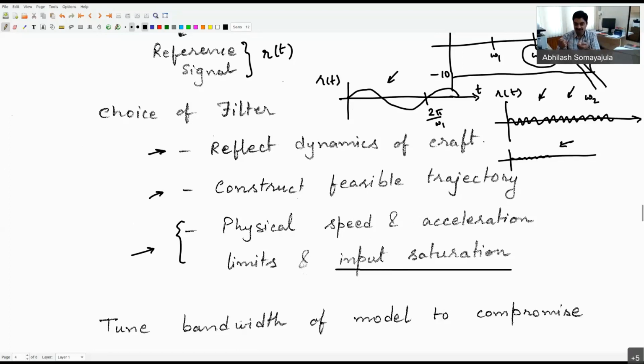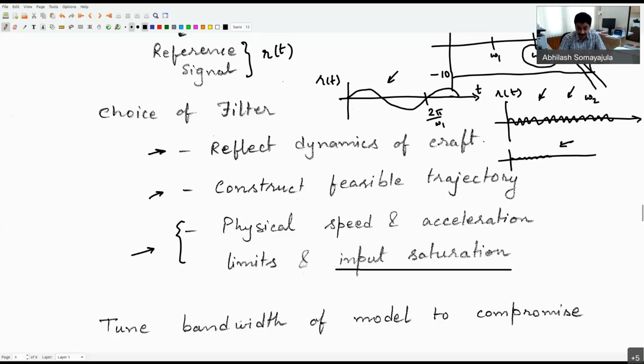I may hold the joystick all the way over and it runs at a particular speed. I cannot go any more than that. It's fixed at that value. Even if I wanted to go faster than that, I can't. There's a saturation limit on it. So such saturation limits should also be taken into account when you're looking into the dynamics of it.